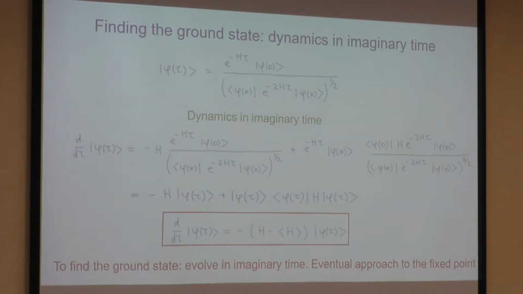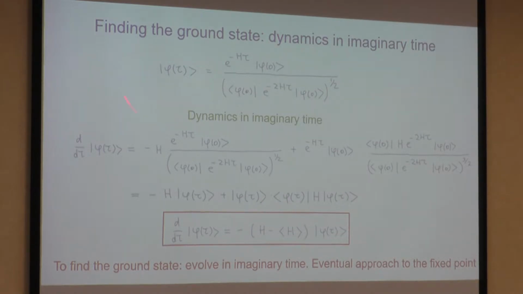If we decompose the initial state in terms of eigenstates of the system, the different contributions will decay exponentially in time, with the rate determined by the energy, and of course the ground state will decay most slowly just because it has the smallest energy. Therefore, if we take the limit of tau going to infinity, the important contribution that will stay will be just the ground state contribution.